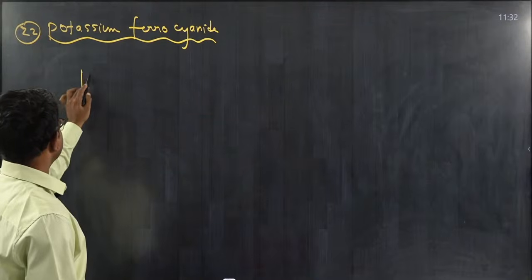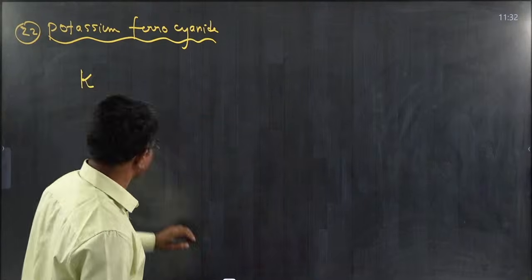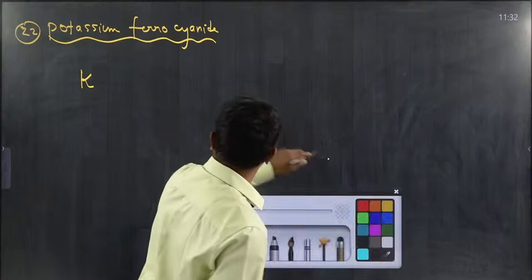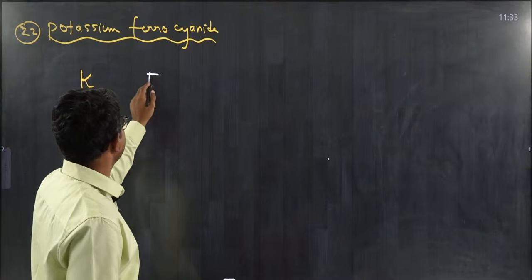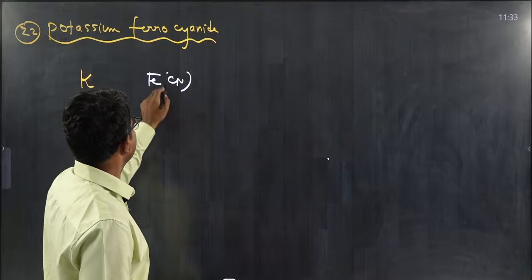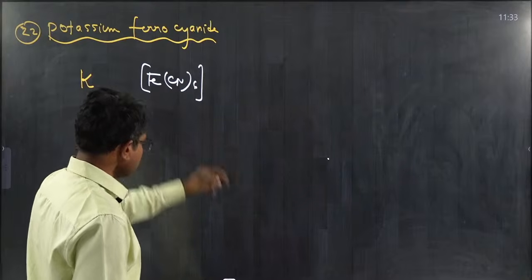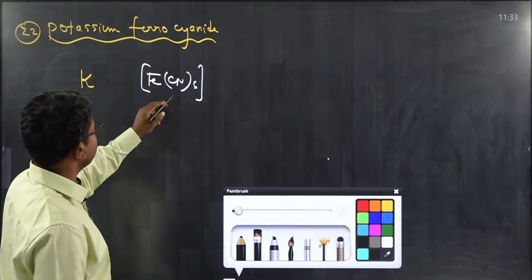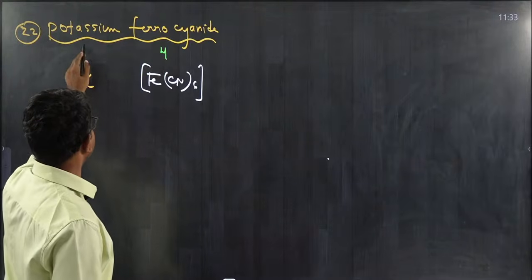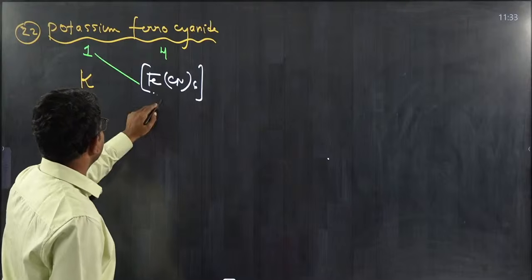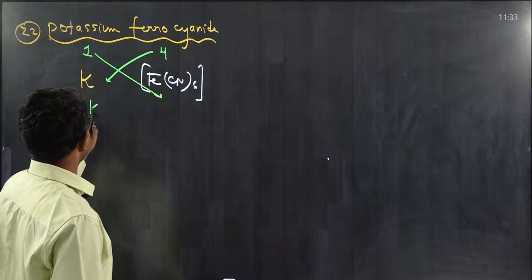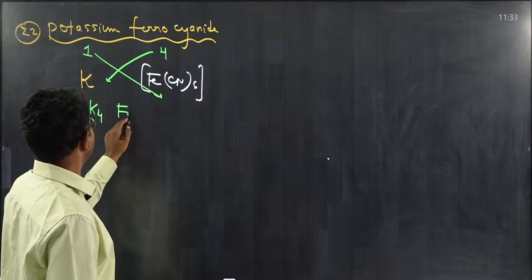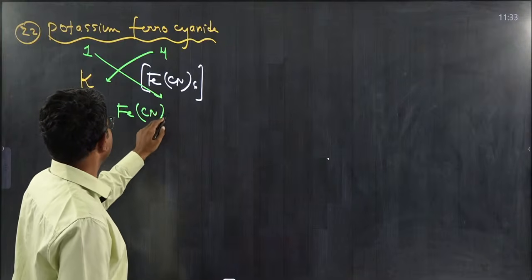As I think most of you guys know the potassium symbol, and here I have given ferrocyanide. It is actually Fe(CN)6, and the valence of the ferrocyanide is 4 and potassium valence is 1. If we cross these valences, K4Fe(CN)6.